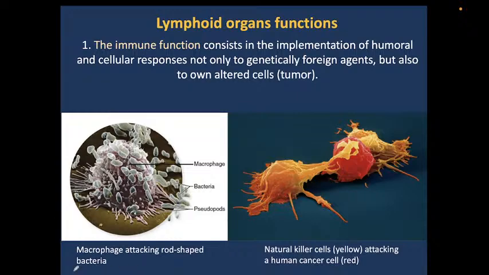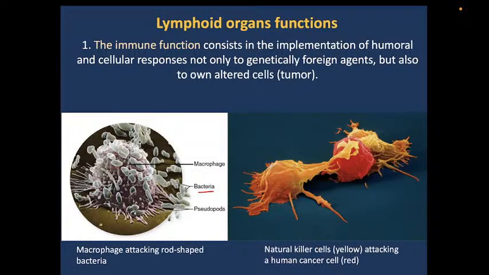As you see here, these are microbes or bacteria attacked by macrophages. These are huge cells which eat such bacteria and inactivate them. But the right picture shows other cells.